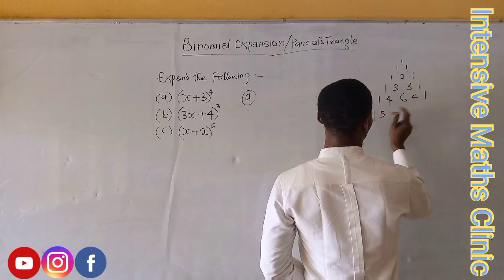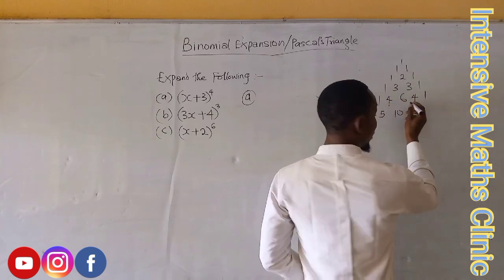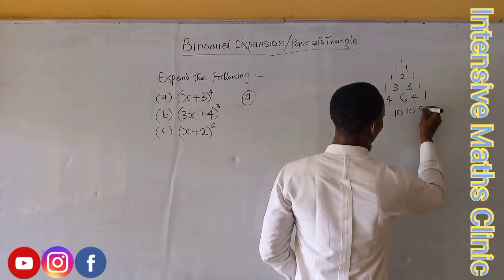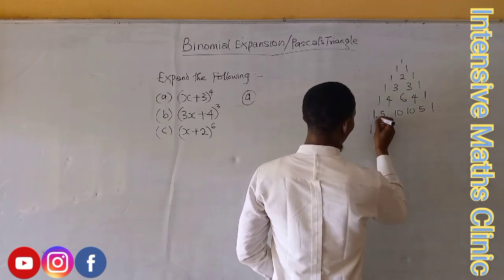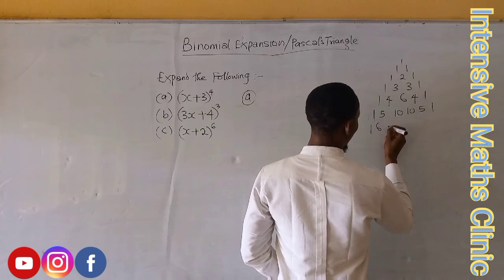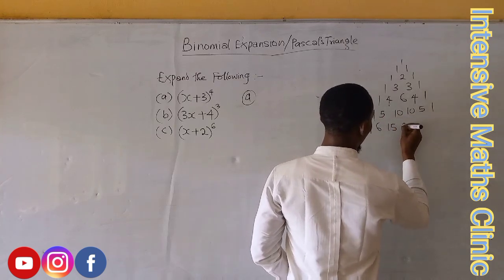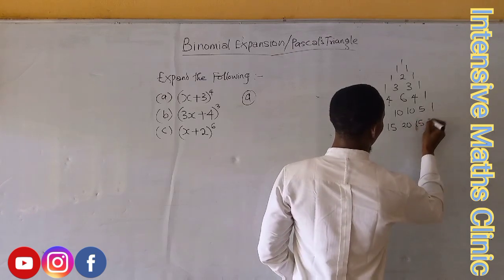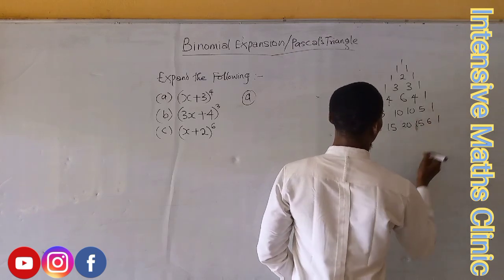Then 1, 5 (1 plus 4), 4 plus 6 is 10, 6 plus 4 is 10, 4 plus 1 is 5, ends with 1. Then 1, 6 (1 plus 5), 5 plus 10 is 15, 10 plus 10 is 20, 10 plus 5 is 15, 5 plus 1 is 6, ends with 1.